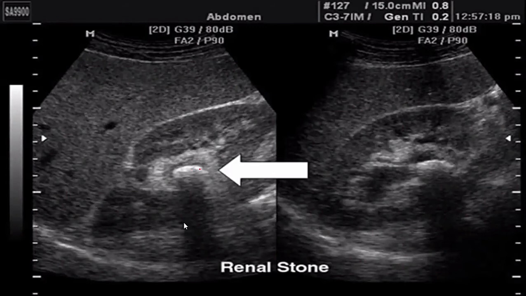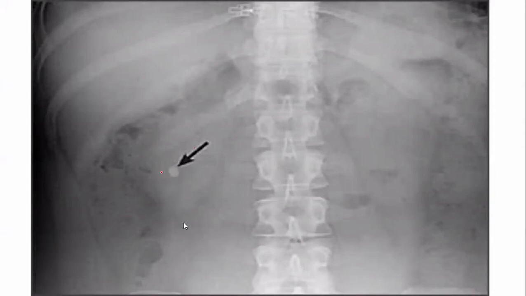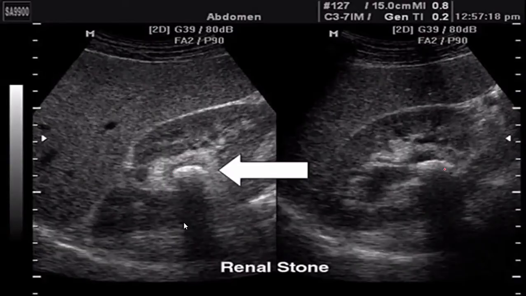In ultrasound, that's the one that you see here. So this one, Doc, is partly obstructing. Look, the stone is here. Partly it is obstructing because you can see the black part here. That's urine. Meaning to say, it is partly obstructing. It is almost at the level of the renal pelvis. This one.